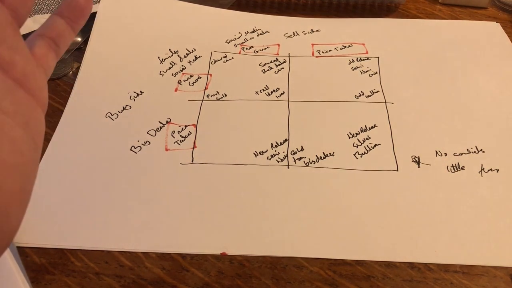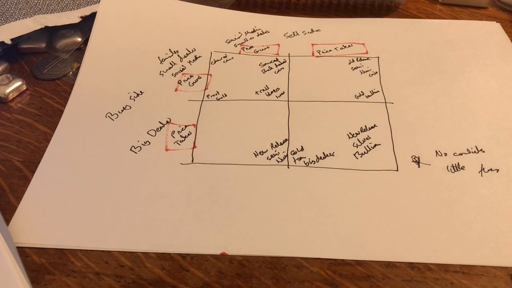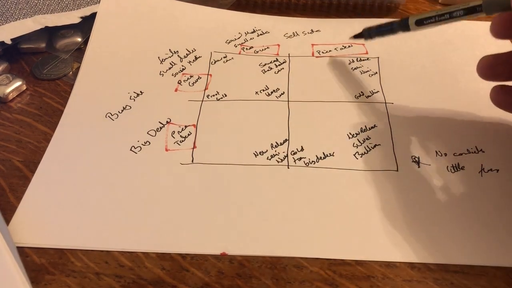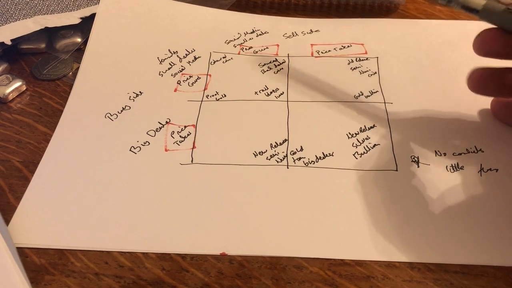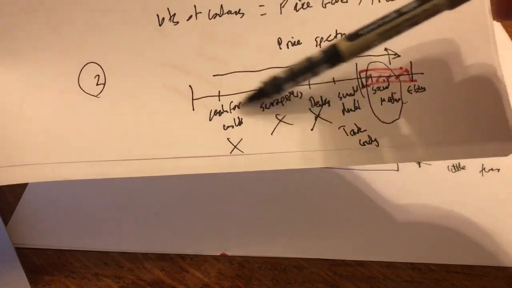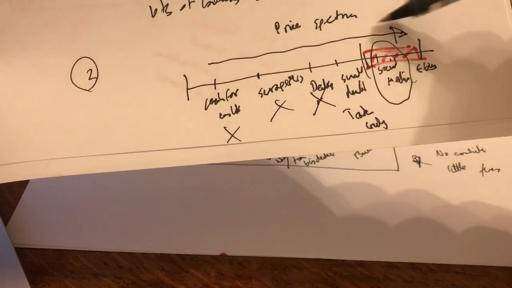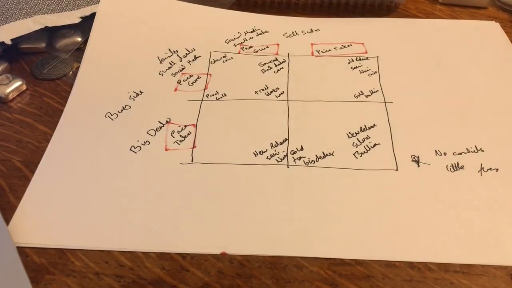To be a price taker, well, you can be on social media for price takers, but it all depends on what you're selling. You will also be a price taker when you sell back to the big dealers, the Cash for Gold. So if you see the spectrum here, you're a price taker for pretty much this bit here, and you're a price giver for this bit within reason, depending on the type of coin you have.